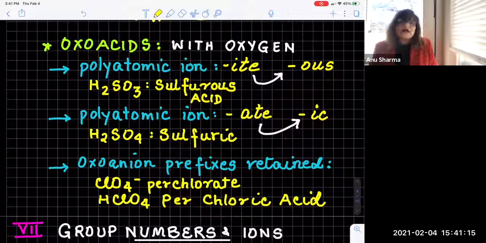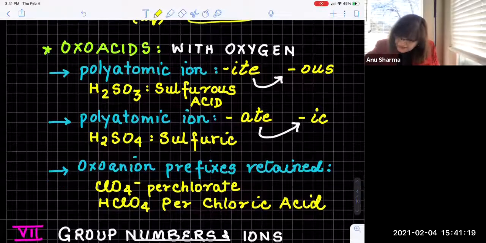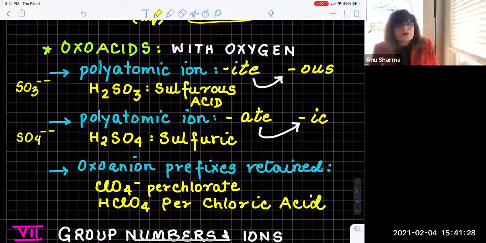So again, the polyatomic ions, recognize that SO3 is the lower oxidation state and SO4 the higher oxidation state. In other words, SO3 is the lower polyatomic ion and SO4 a higher polyatomic ion as far as the number of oxygens is concerned.